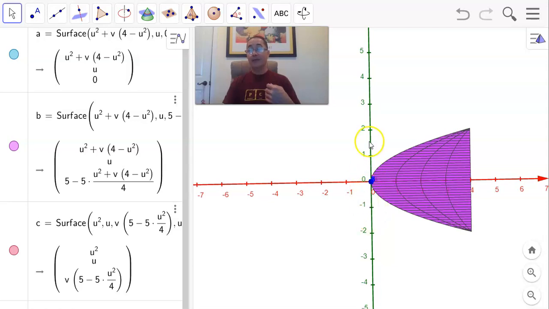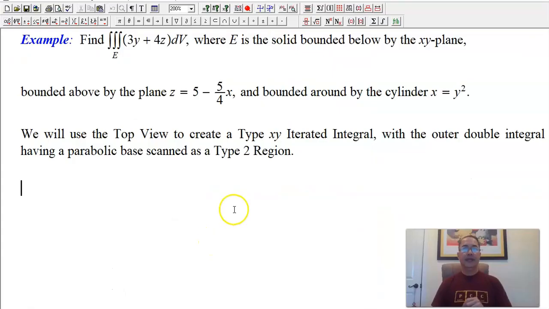However, if you go left to right, looking this way, from -2 to +2, shooting horizontal arrows, you're entering the parabola and exiting at x equals 4. So I do believe that is our best option.